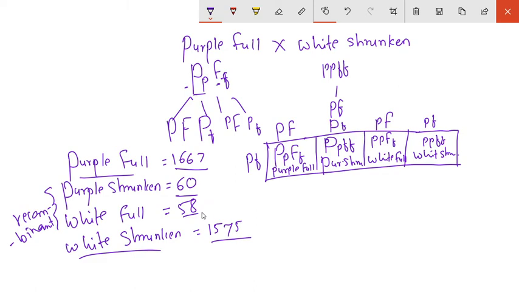Now we will calculate the distance between the white and shrunken gene, that is the P and F, or purple and full gene. Distance between purple and full. So how can we write the answer?